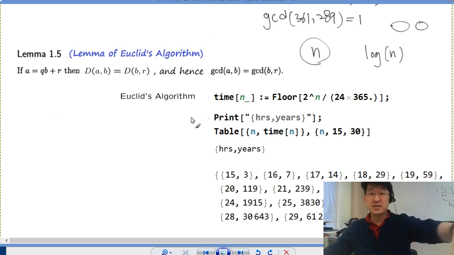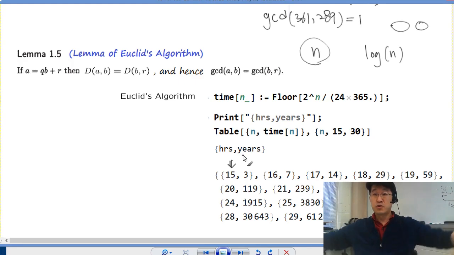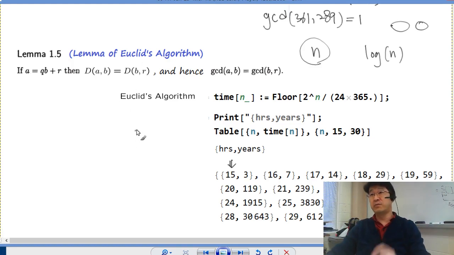To apply this algorithm to find the GCD takes 15 hours. Pentagon created this 3,000 digit long number, two of them, and you run this Euclidean algorithm to find what the GCD is. It took 15 hours. The other guys, not knowing this algorithm, take 3 years.